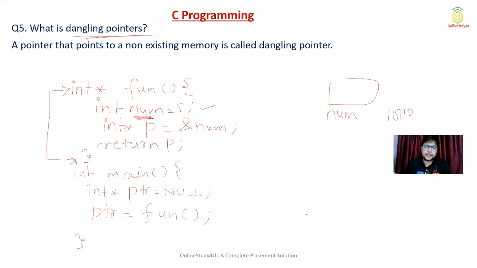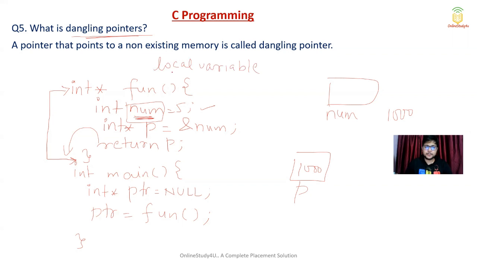Now in pointer p, I store this 1000, and now I return this address. But as soon as I returned, the function freed the memory. This num variable ceased to exist. It does not exist anymore. This is the concept of a local variable.